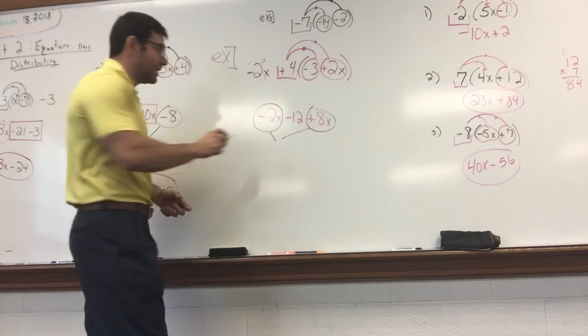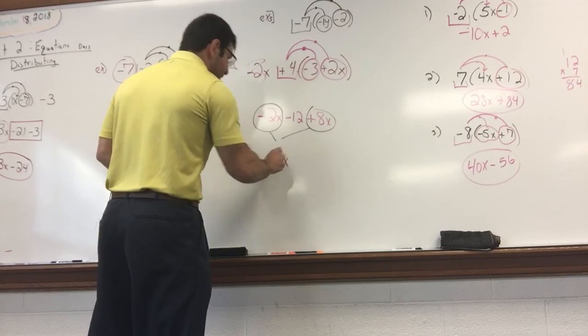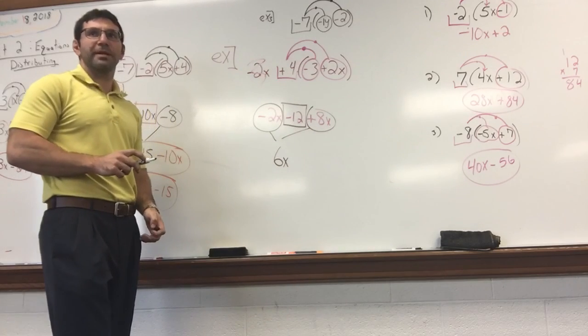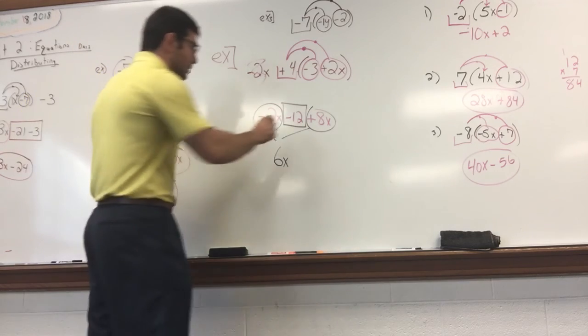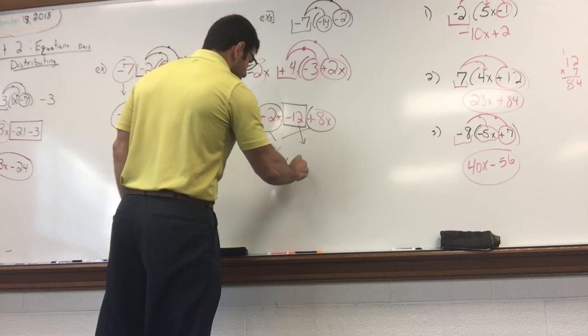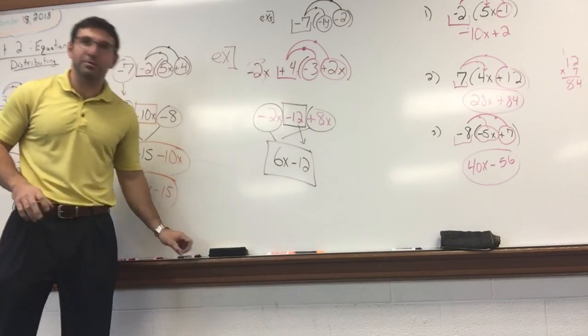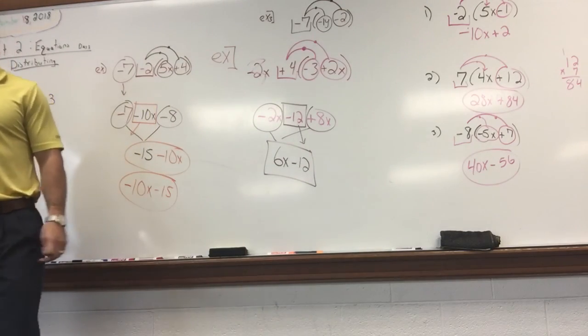Negative 2 plus 8 is positive 6x. There's nothing to group that negative 12 with, so it comes on down. And there we are. Questions, concerns, problemos? Okay.